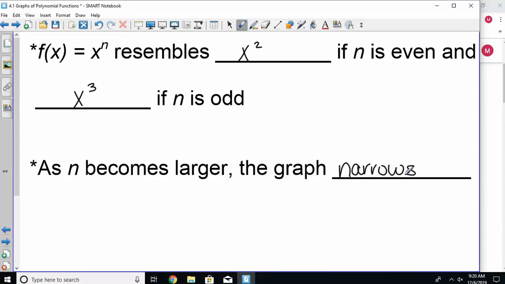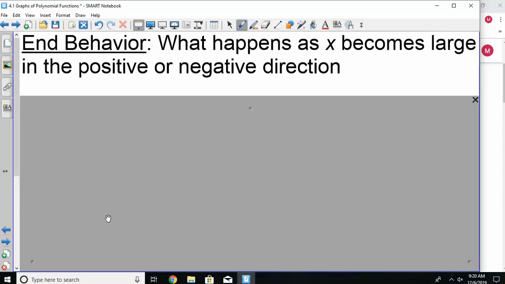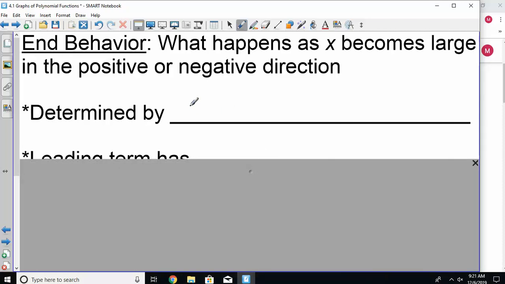Okay, this is getting us into the idea of end behavior with the graph. End behavior tells us what is going on at the ends of the graph. So when the x is really big or really small, which direction is it going? It is determined by your leading term.